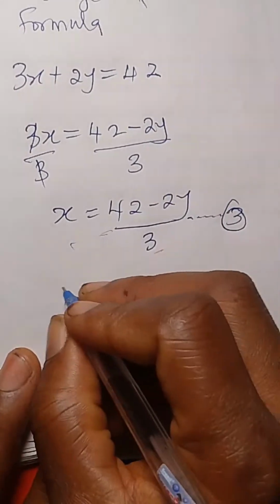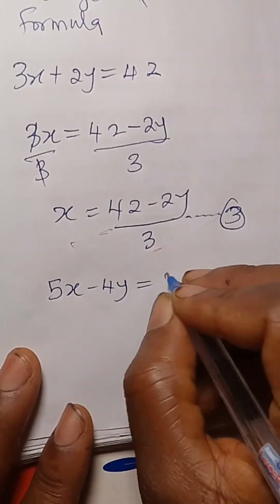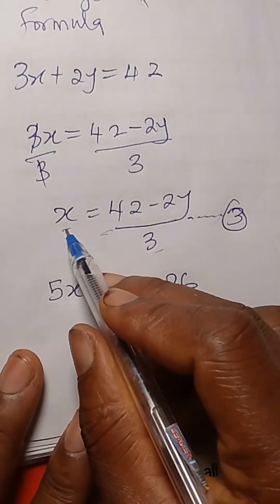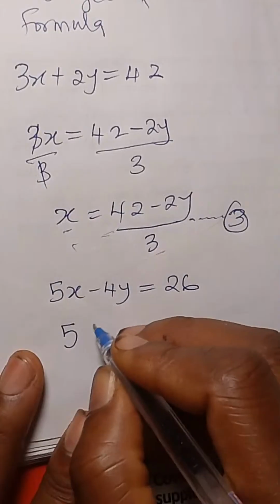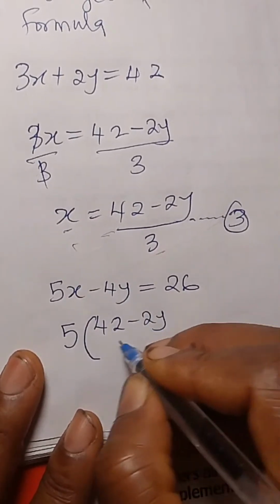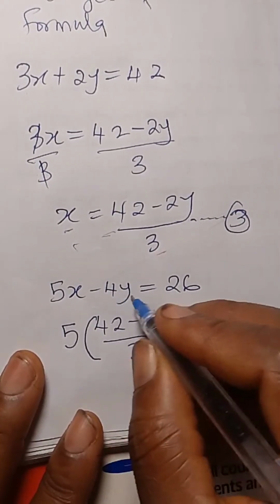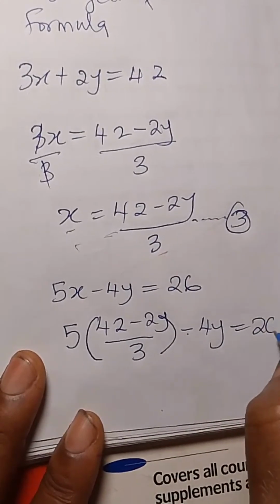And equation 2 says that 5x minus 4y is equal to 26. So we are going to substitute this x equal to all this into this place. So where we see x, we replace it with 42 minus 2y all over 3, and it's then minus 4y is equal to 26.